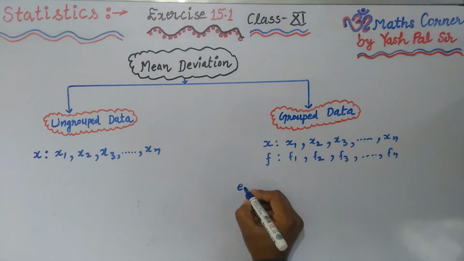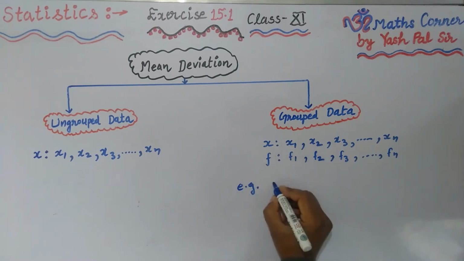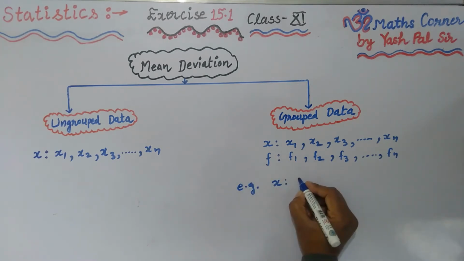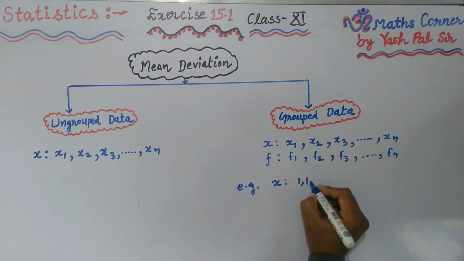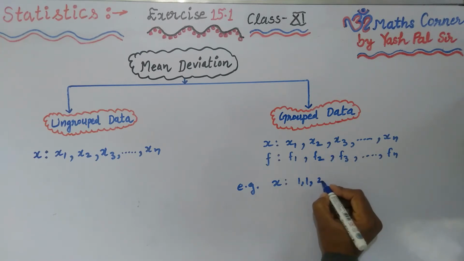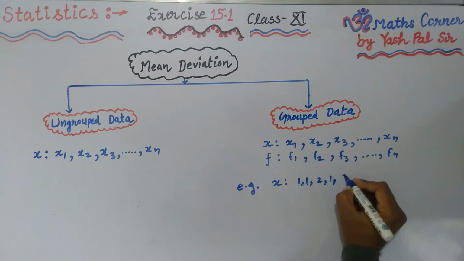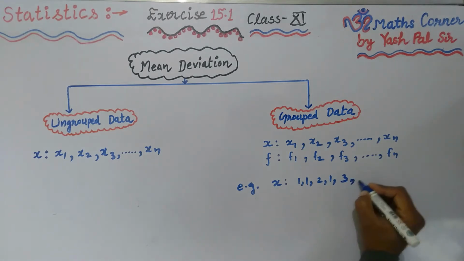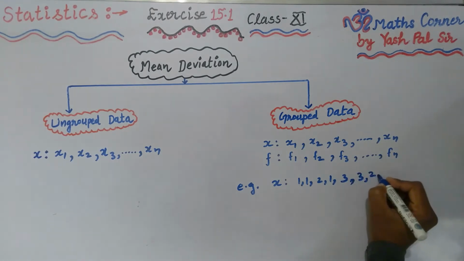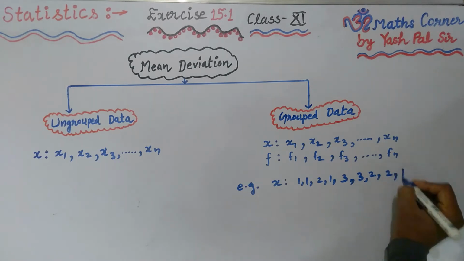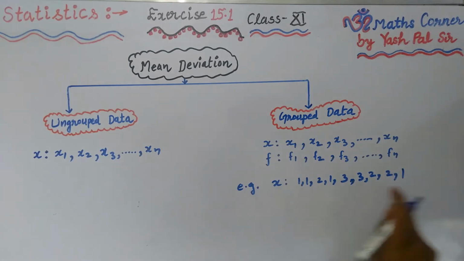For example, x is given as 1, 1, 2, 1, 3, 3, 2, 2, 1. This is the data, right?